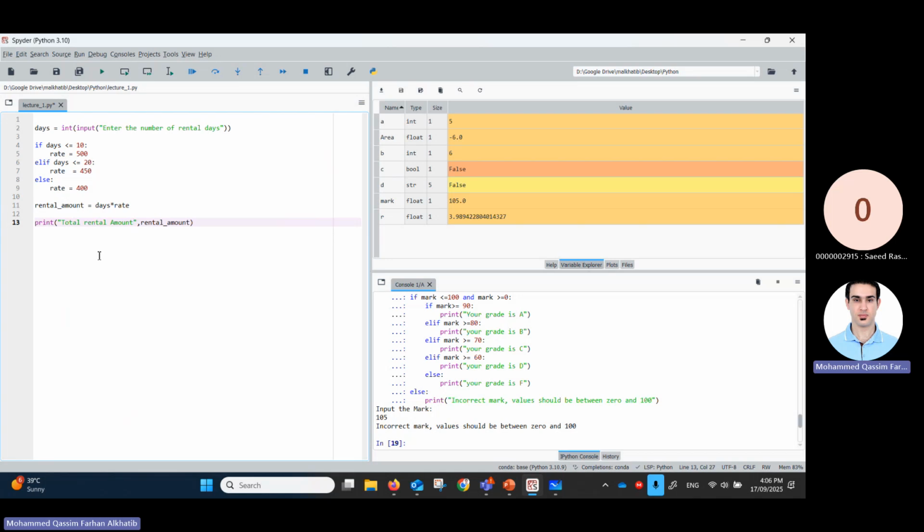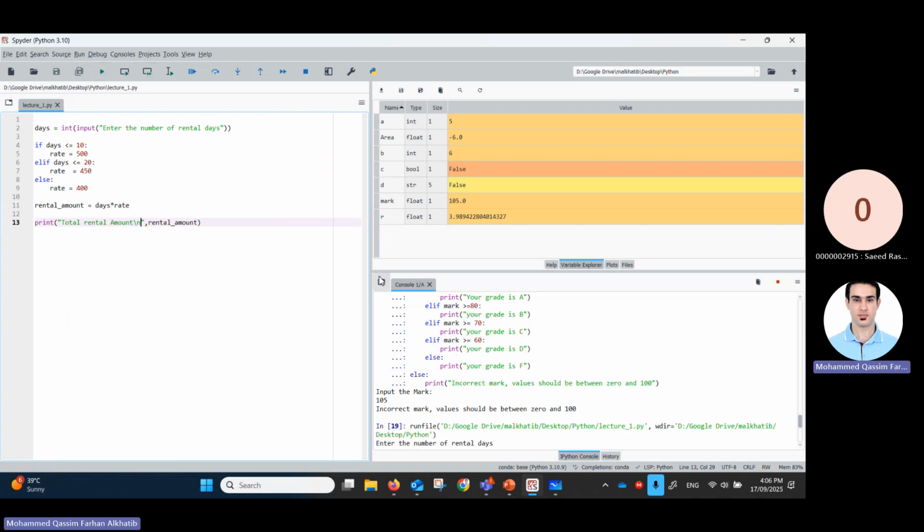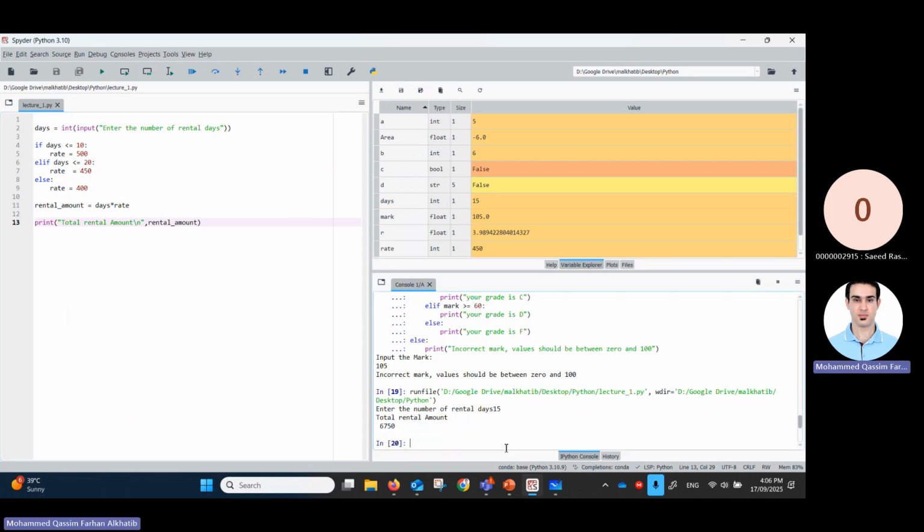And let's give it a new line, actually. Okay, so let's run it. The number of days, let's say I'm renting for 15 days. 15 times 450, how much? And do the math. Okay, so I'll give a new line for this one also.